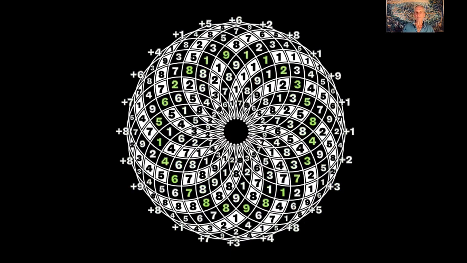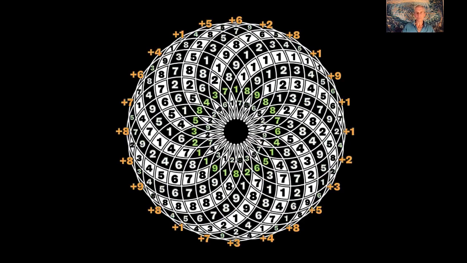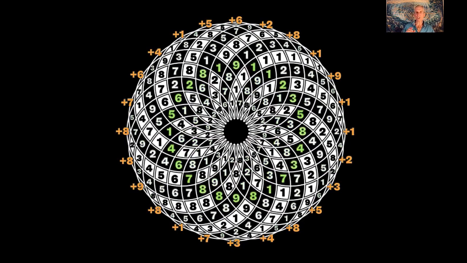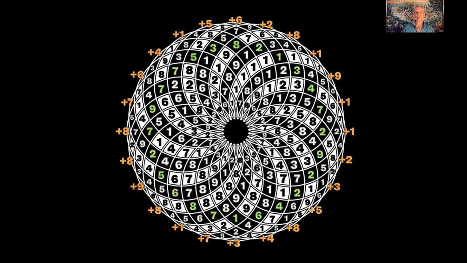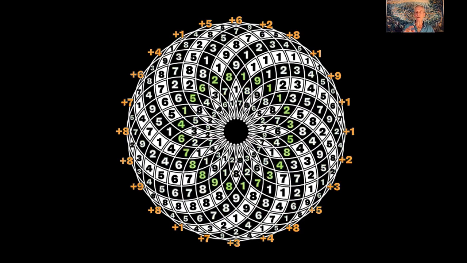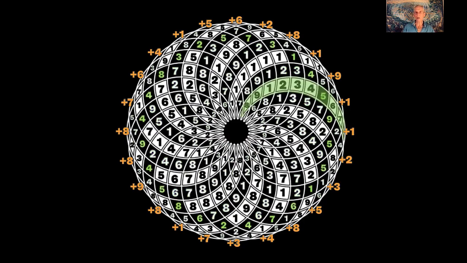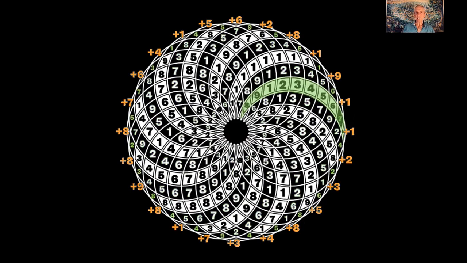Do you see that? Okay, so I'm going to make this a little bit easier for you to see. But before I do, I just want to highlight the outer numbers because they are not the sequence itself. These are the increments of each one of the radial arms. So for instance, if we look at this arm I've highlighted in green, it starts on the inside with the number 8.